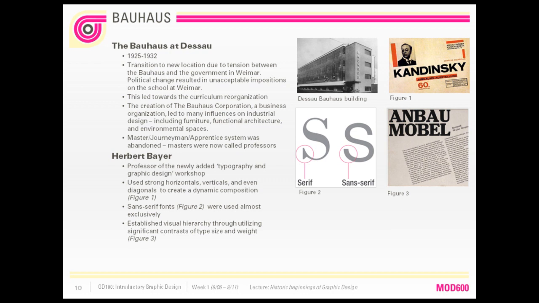And if you look at Figure 3, note the significant hierarchy evident in Figure 3. Not only is the title, I don't know, maybe 3,000% larger than the actual body copy, but the body copy is set askew.